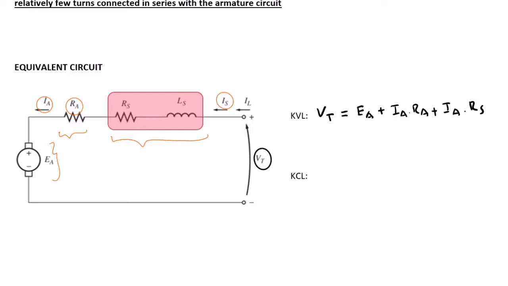However, from the KCL, because this is only one single loop, all the currents are the same, which is Ia equals IL equals Is.